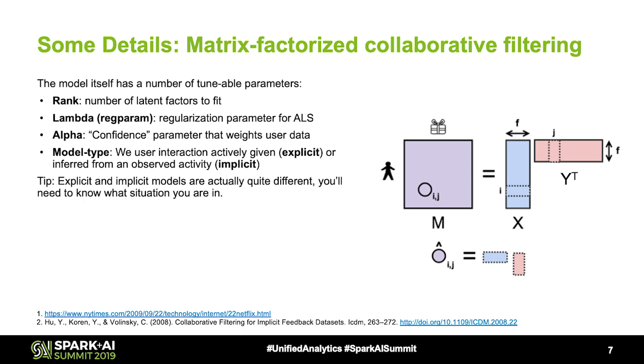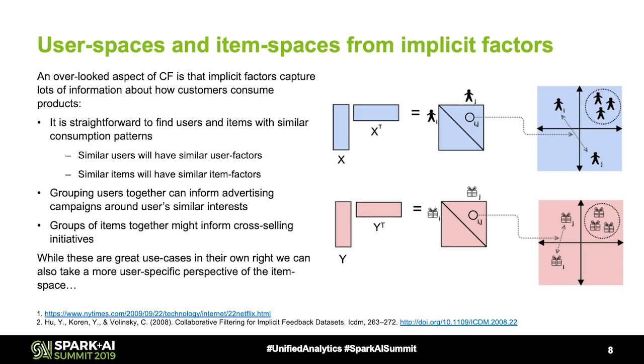You can come up with a complicated weighting system to figure out what that interest is, but you're learning it implicitly from their actions. You'll find that these are really, really different models, and the very first thing you need to decide is which one you're in, because they are quite different, and you'll find that one will give you very, very poor performance unless you do it that way. So that's, in a nutshell, matrix-based collaborative filtering.